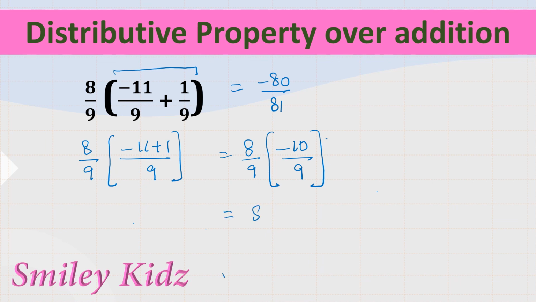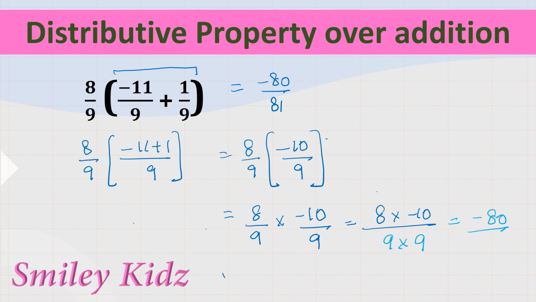Now we'll be removing the brackets. 8/9 multiplied by minus 10/9. So now let's multiply 8 multiplied by minus 10 over 9 multiplied by 9, which is equal to minus 80/81. Both here are same. This is the distributive property over addition.